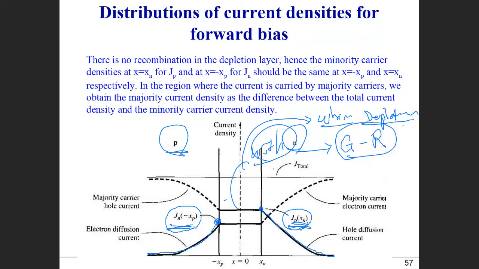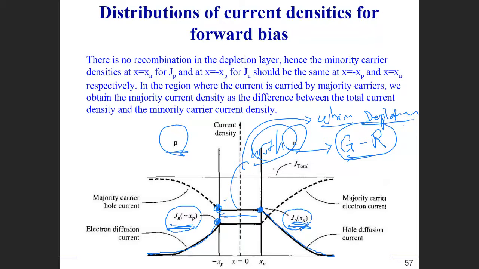Which means that any electron going into this depletion region eventually comes out from the other side. Any hole going into this depletion region eventually comes out. So we do not lose any charge, and at the same time, we do not generate any charge in here. That assumption gives us the current within this depletion region remaining constant.